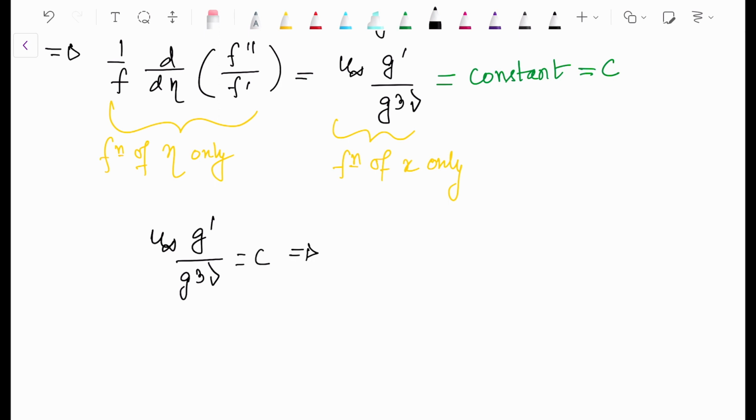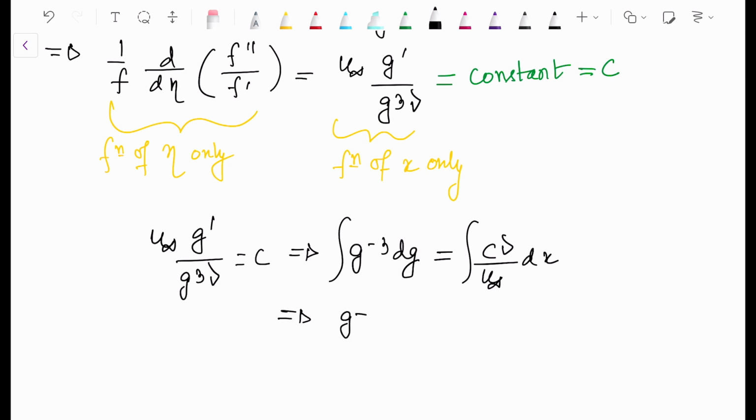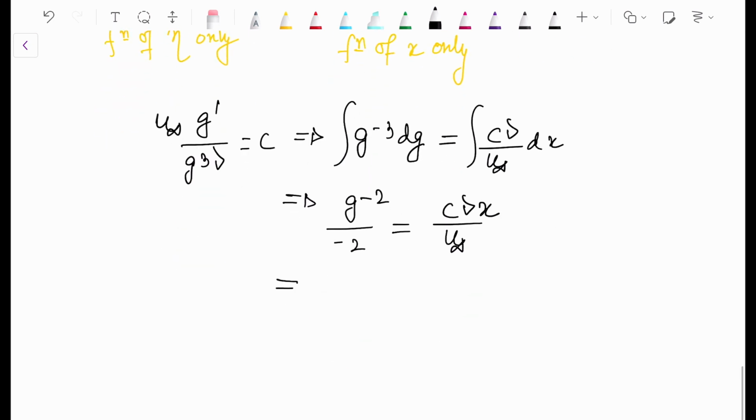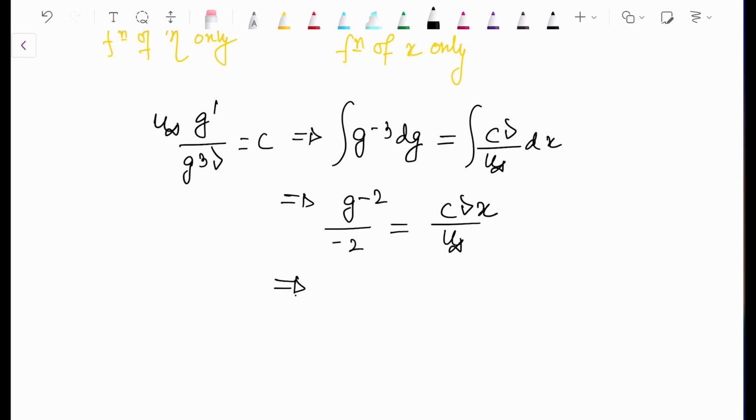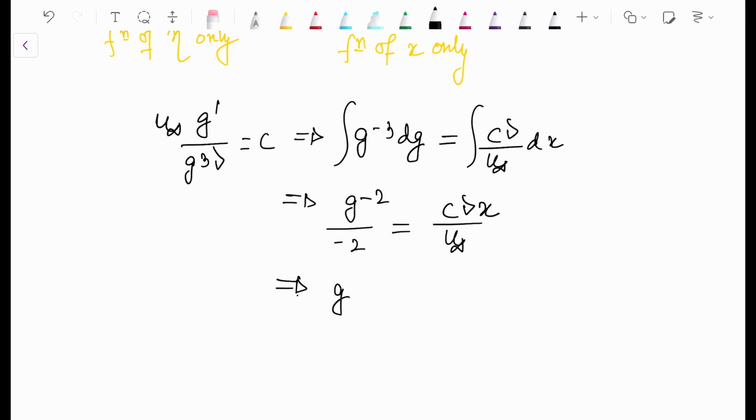So g to the power minus 3 dg is equal to c nu by u infinity dx. Okay, so I can integrate these. G to the power minus 2 by minus 2 is equal to c nu u infinity into x, plus a constant, let us say c1, right.